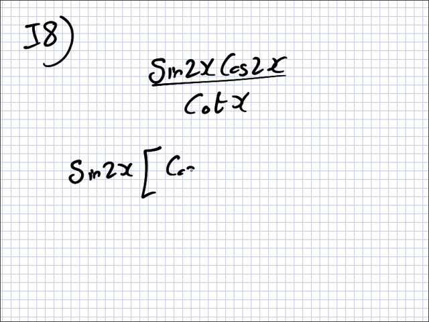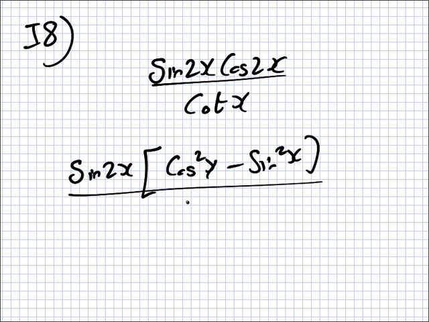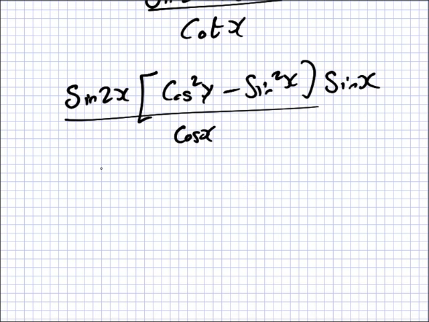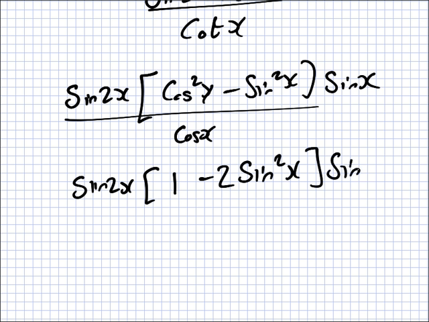Cos 2x is cos squared x minus sine squared x, and cotan x is cos over sine. So I'll bring the sine to the top. What is cos squared? That's 1 minus sine squared. Now I have to do something about that cos x, don't I?